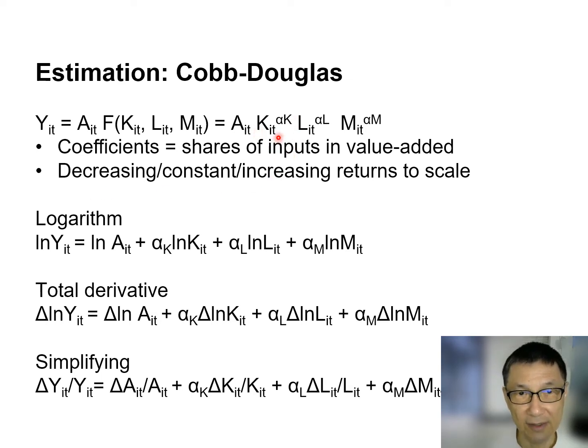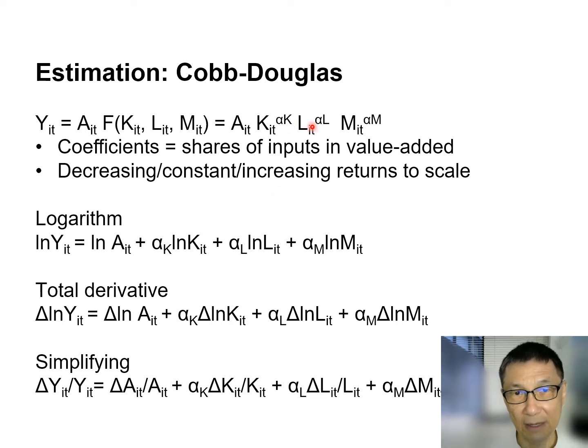They're all positive, but depending on whether the shares sum to less than 1, sum to 1, or sum to more than 1, that will determine whether the production function exhibits decreasing, constant, or increasing returns to scale.